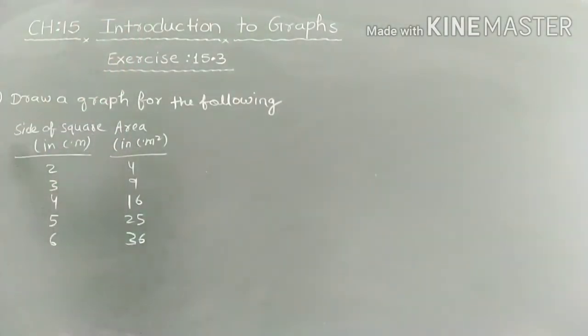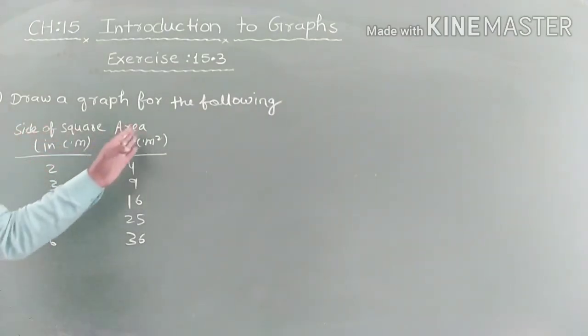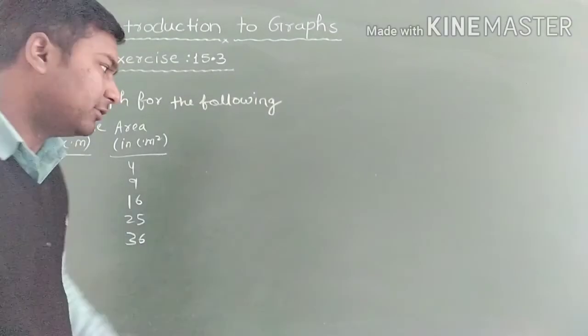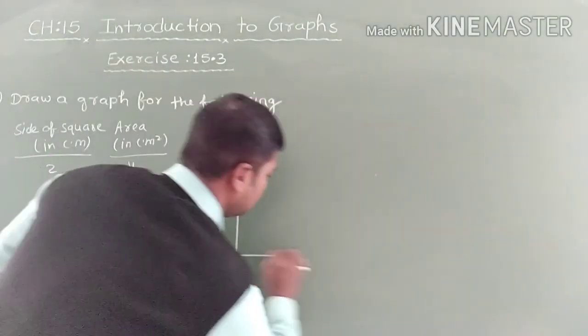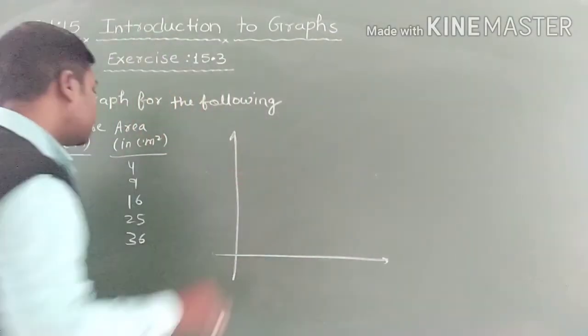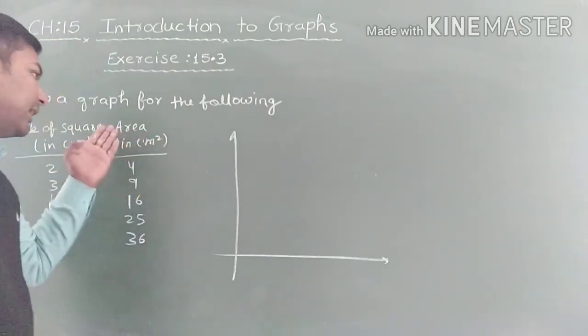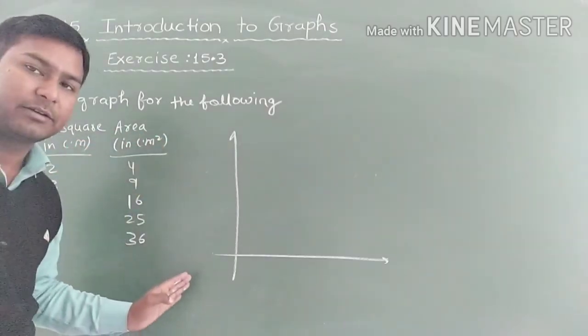Question number second. Side of a square in centimeter it is given. Area in centimeter square it is given. Okay, so we have to draw a graph. So at x-axis I am taking side of a square, and at y-axis I am taking area in centimeter square.